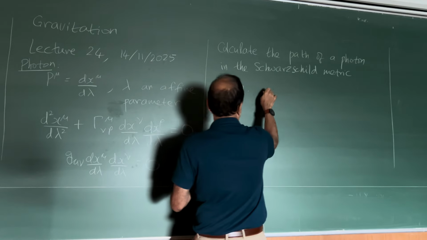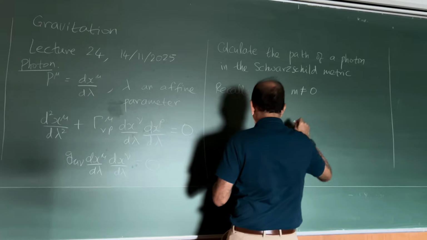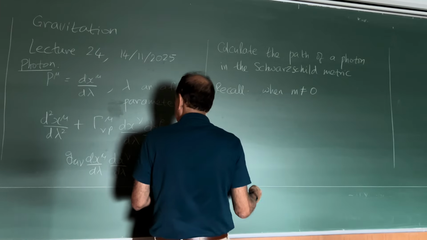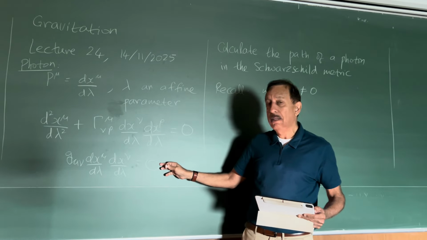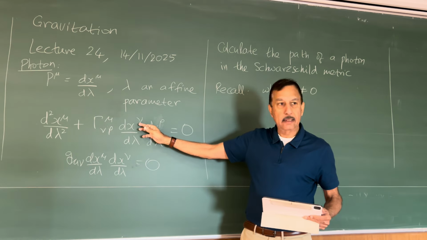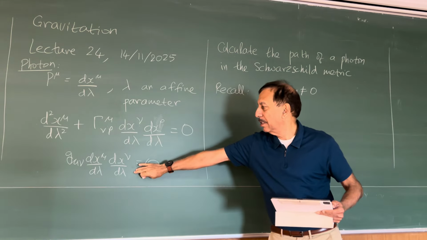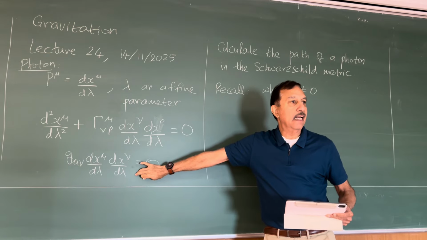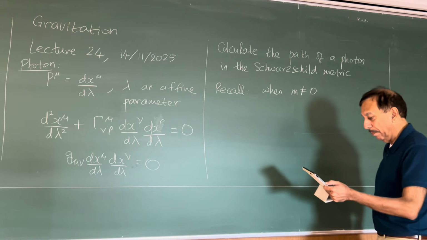So recall that when the mass was not 0, we already found this radial equation. How? By setting u mu equals minus c squared. Well, we didn't even need this. We just actually plugged in the Killing vectors into this and got a radial equation, the conservation of energy.